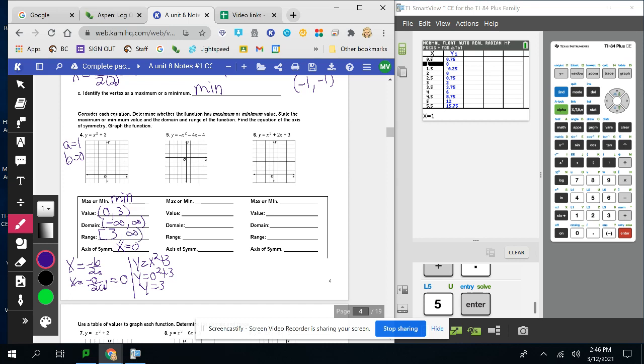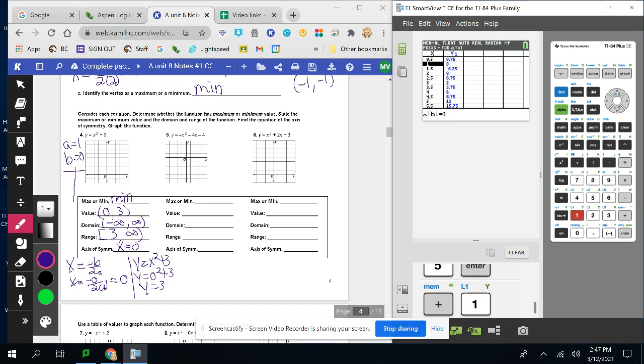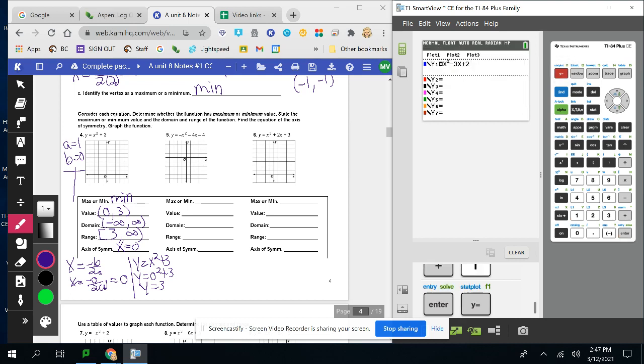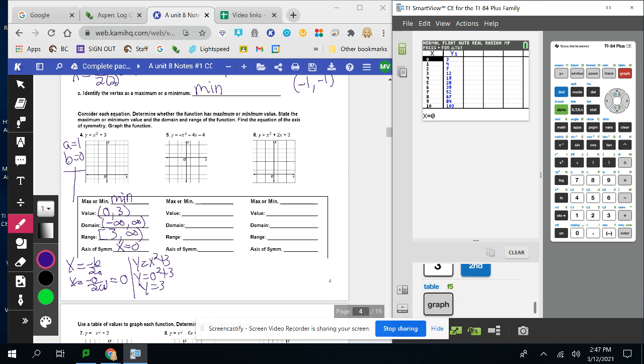To graph it, I want to use the table. So I can use my graphing calculator. So first I'm going to make it go by 1 again. So I'm going to hit plus in my table, make that say 1. Okay, so now I go to y equals, and I'm going to graph x squared plus 3. So x squared plus 3, make my table. And I want to see 0, 3 should be my middle point.